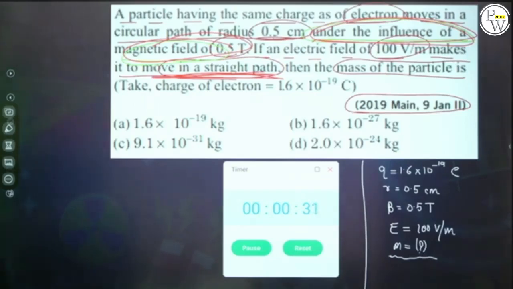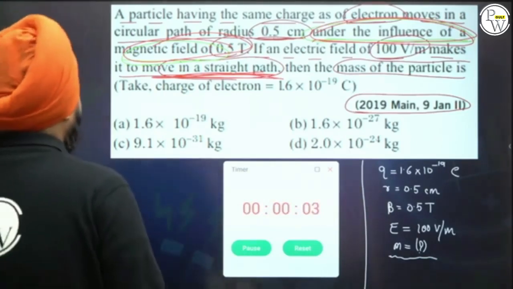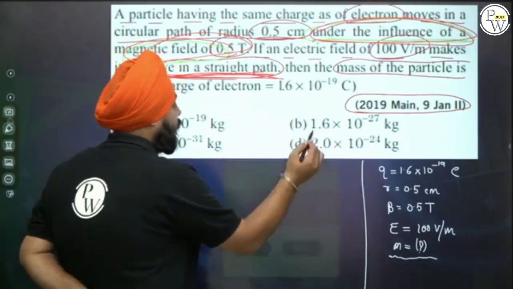Approximately 32 seconds are remaining. 5, 4, 3, 2, 1.